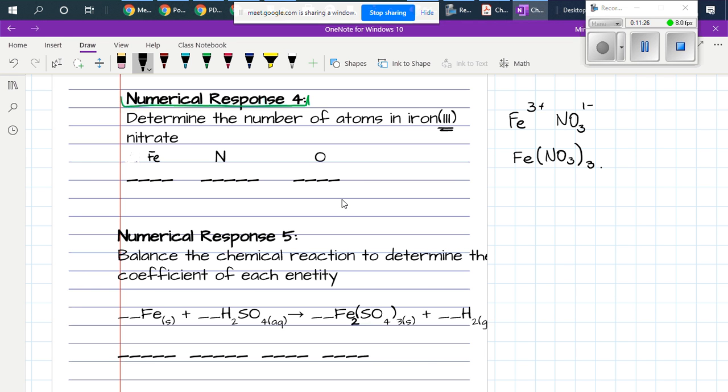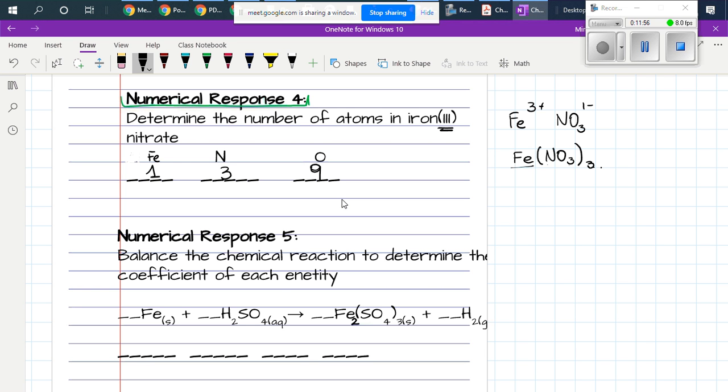Now the number of iron in this formula is 1. The number of nitrogen in this formula is 3, because this 3 that is below has the same kind of effect as coefficients in math. They affect everything inside the brackets. And then inside the brackets, we have 3 oxygen times 3 equals 9.